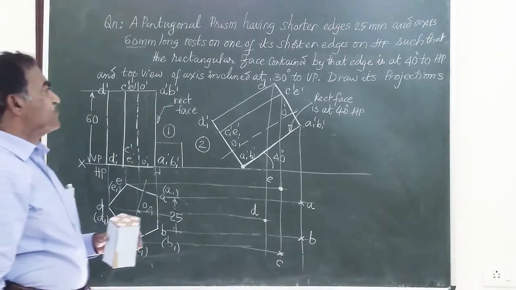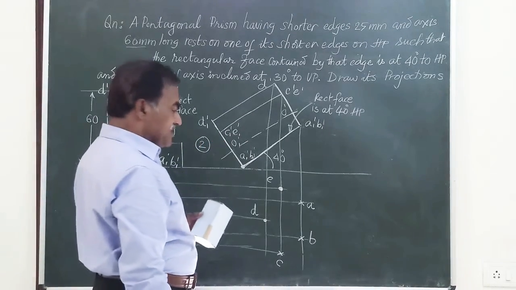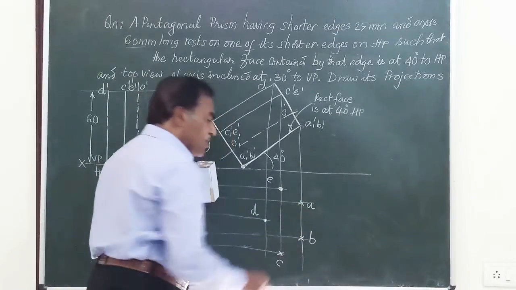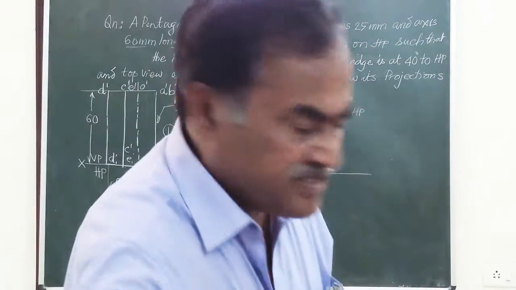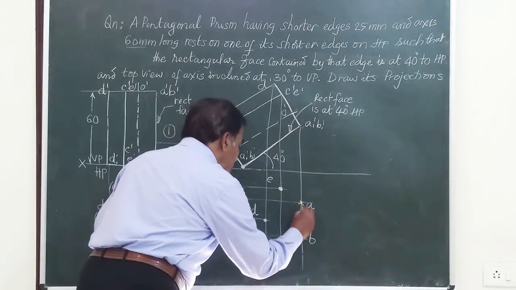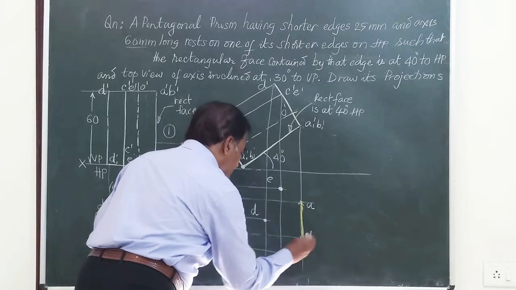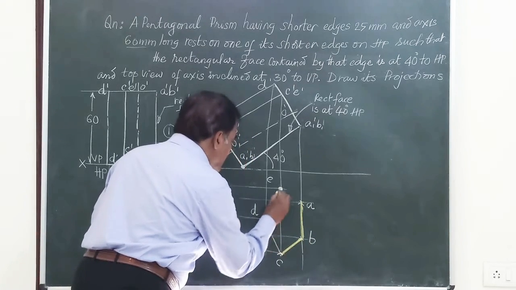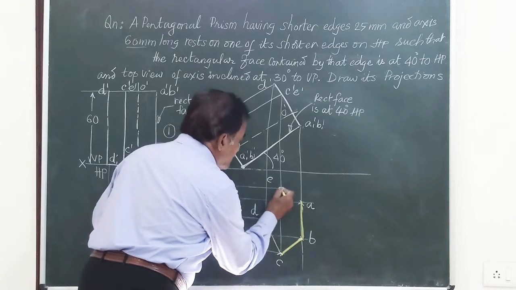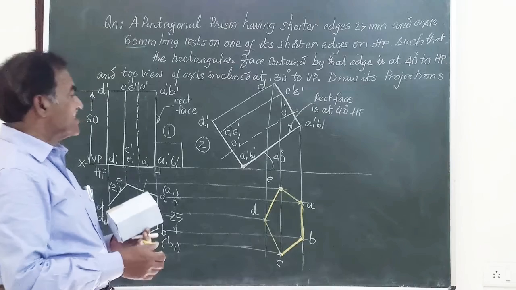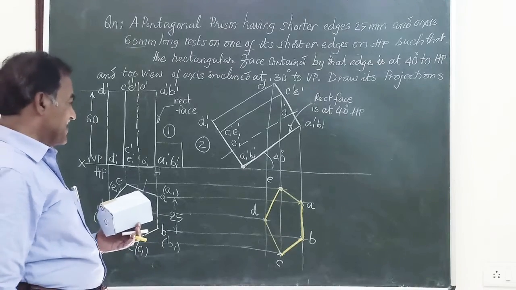Friends, the full top face of the solid is visible to the observer in the top view, and hence I am going to join all these points by straight lines. So let me start from A. A to B, B to C, C to D, D to E, E to A. This figure shown here represents the top view of the top face of the solid.